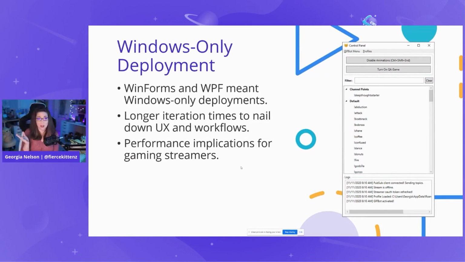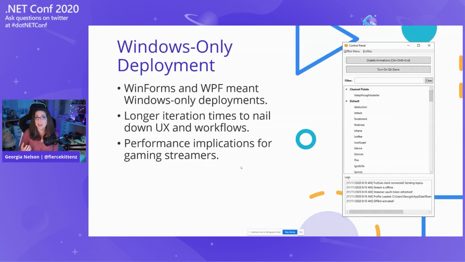And this is actually WPF. I did eventually start converting some of the more heavily used dialogues to use WPF instead because I wanted to have MVVM patterns. But this also meant it was a Windows-only deployment because I was using Windows UI libraries. And it also meant that iterating on the UI was a lot longer.